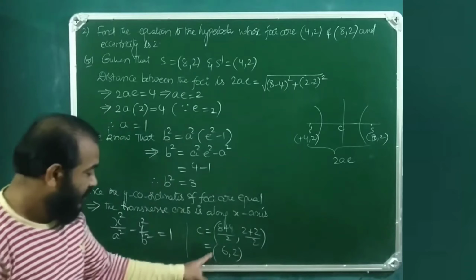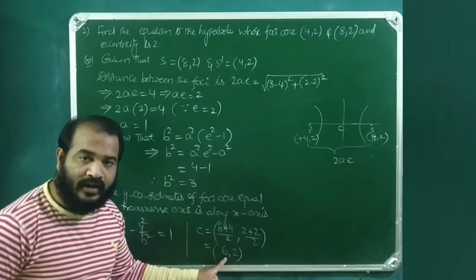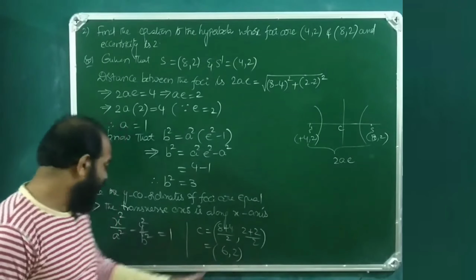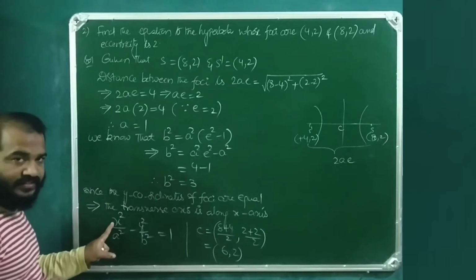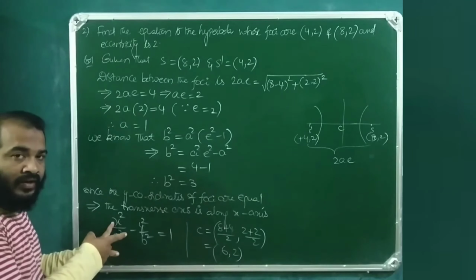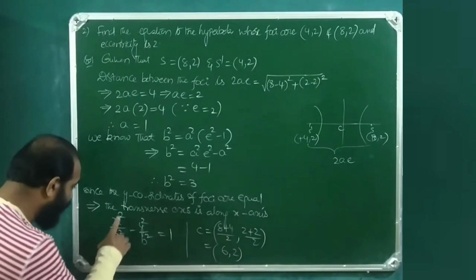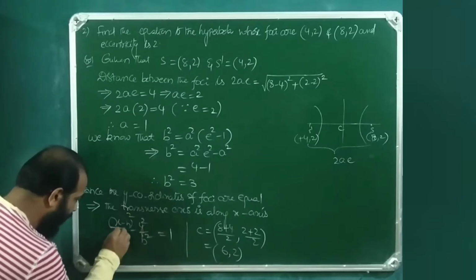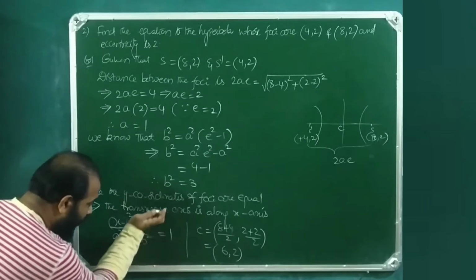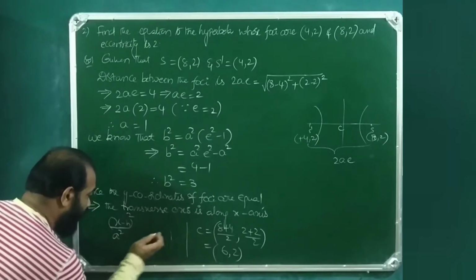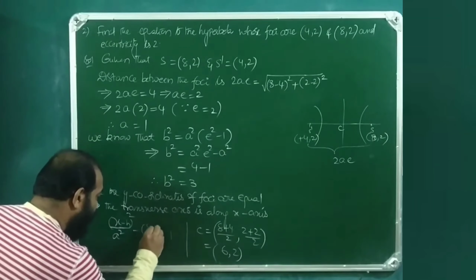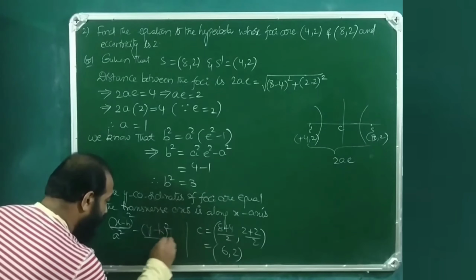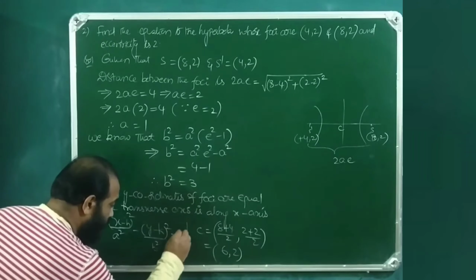Here the center is not at the origin. Therefore this is not the case. The shifting of the origin has taken place. So therefore this is x minus h whole square by a square minus y minus k whole square by b square equals 1.